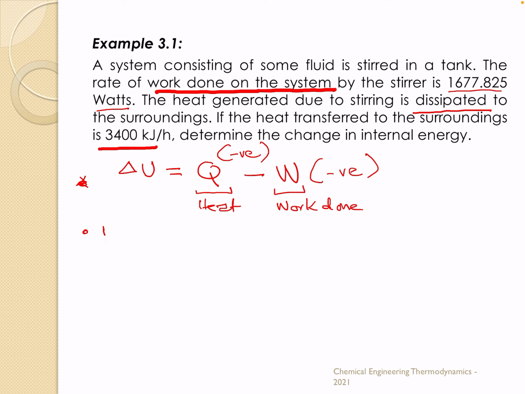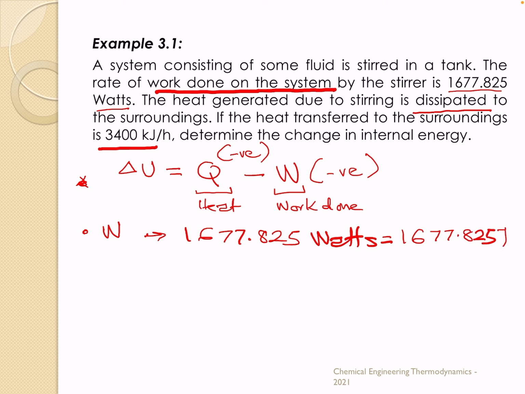For the work done, W, which is 1677.825 watts, that is the same thing as 1677.825 joules per second. Take note of that, consistency of unit. We want to ensure that Q and W have the same unit. For Q, we have 3,400 kilojoules per hour, and we want to convert that to joules per second.